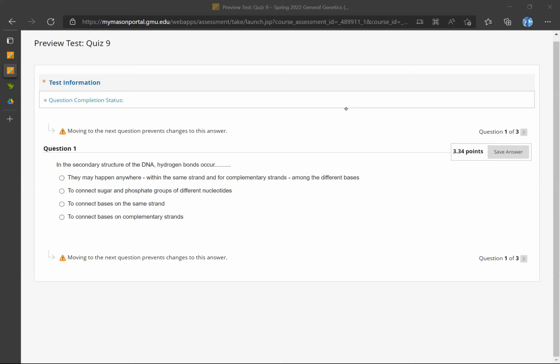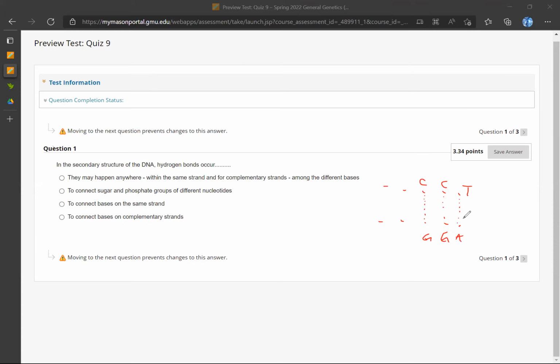Definitely not the first one, because we have our base pairs, pretend that's a straight line. So we have an A here, which means we'll have a T here, C here, which means G here, G here, which means C here. And we know that hydrogen bonding is what really connects these nucleotide bases together.